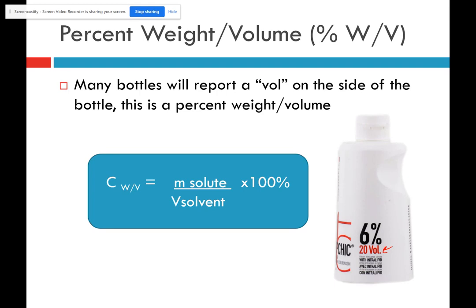Okay, so the higher this number, the stronger the bleach you're going to use. Okay, so you can buy like 10 volume, 20 volume, 30 volume developer for your bleach. Okay, the higher the volume, the more bleach, which is measured in a powder, is in a given amount of the solvent. Okay, so it's the same formula, it's just on the top here you're putting a mass instead of a volume.